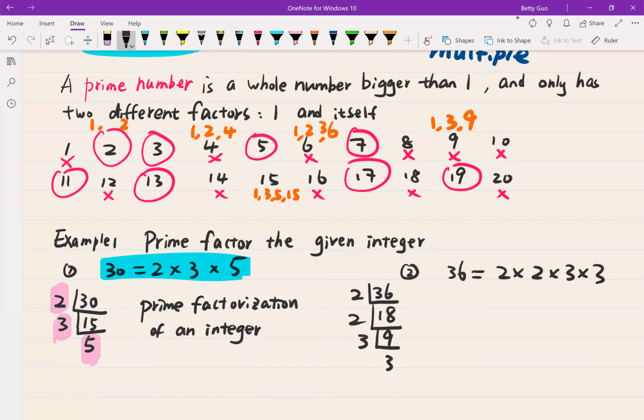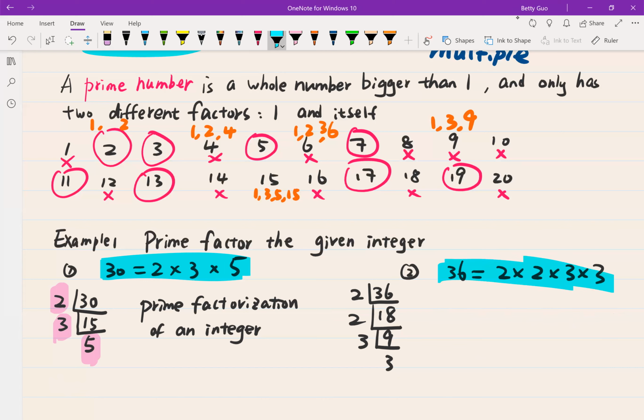By the way, the order of the factors in the product doesn't matter. I mean, if you write 36 as 3 times 3 times 2 times 2, or 3 times 2 times 3 times 2, they are all the same. The order of the factors in a product doesn't matter.